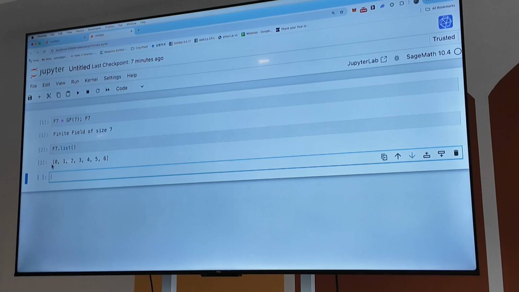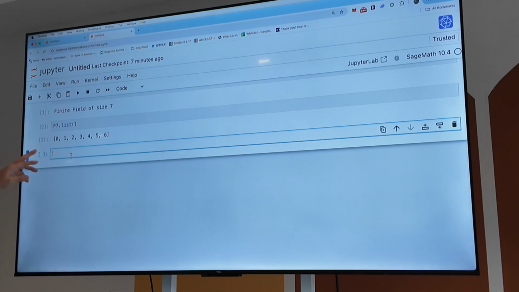Also, the element 2 is a very special element inside F7 because 2 is a so-called primitive element. Let me try. F7 2 to the i for i in range 7.